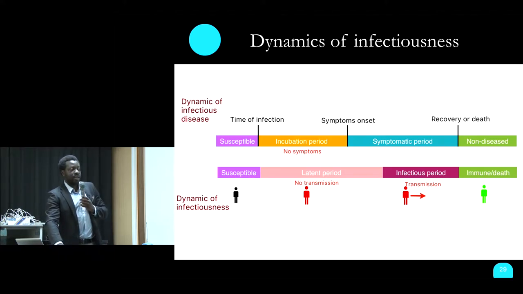And then you have the infectious period. Here, the person becomes able to transmit the infection. And that's why I've put an arrow here to show that there is ability to transmit infection. And then the late stage is immune, death, or whatever outcome.